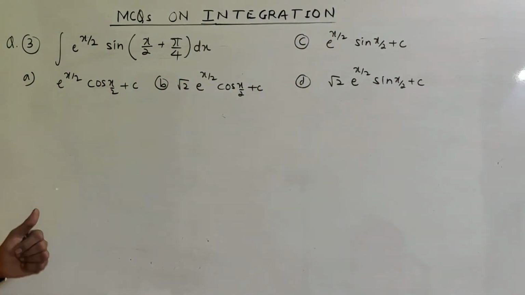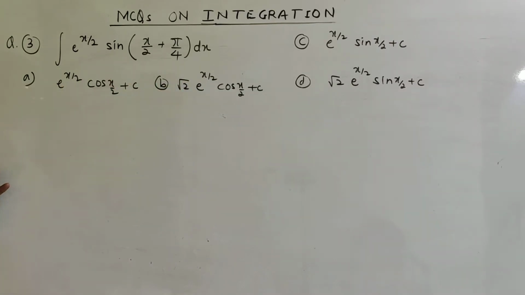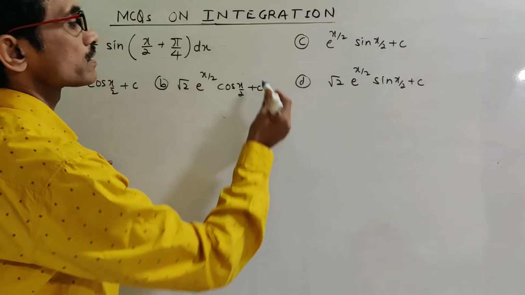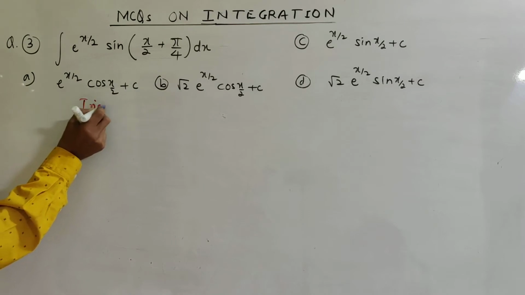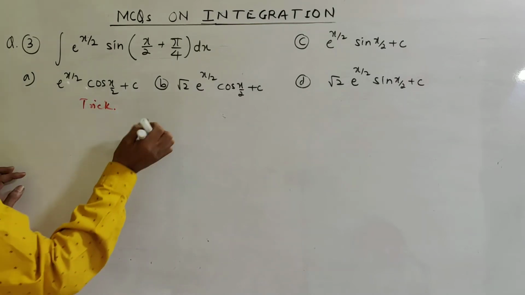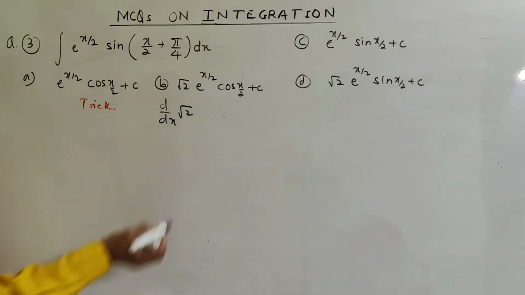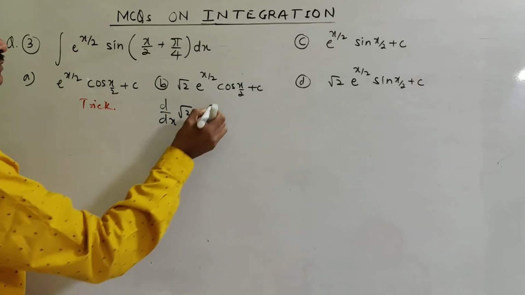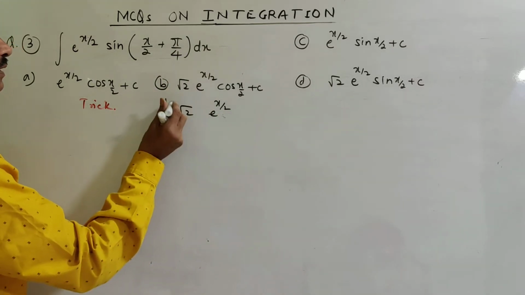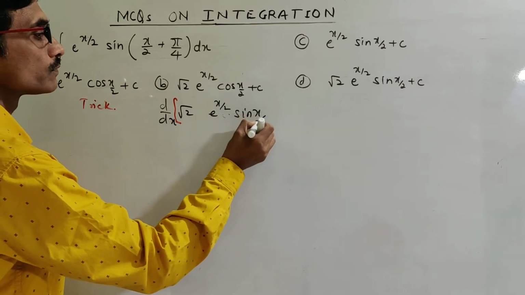We'll find the derivative with observation. If we go through observation and check what derivative we'll get, let us find the derivative of root 2 e raised to power x by 2 into sine of x by 2.